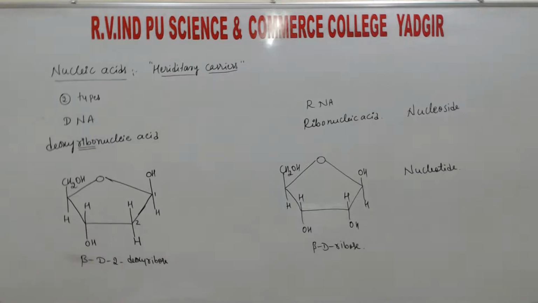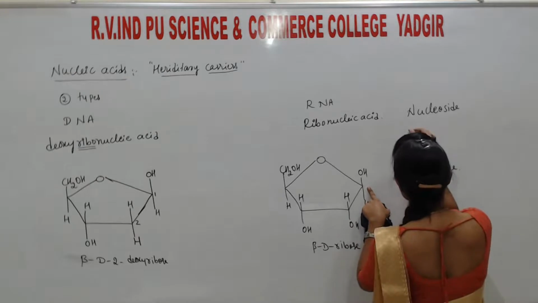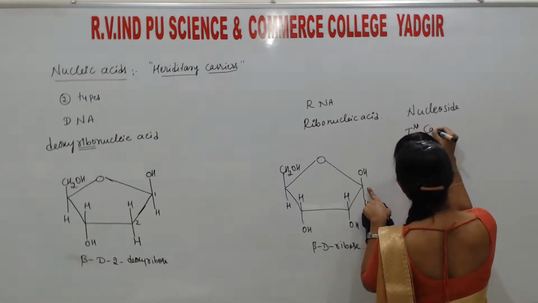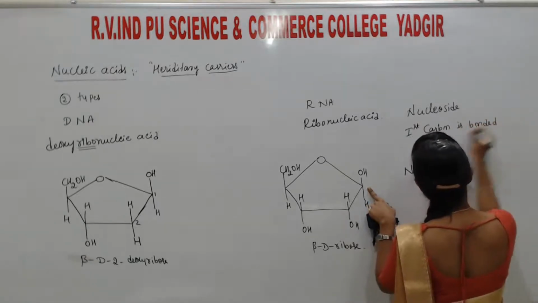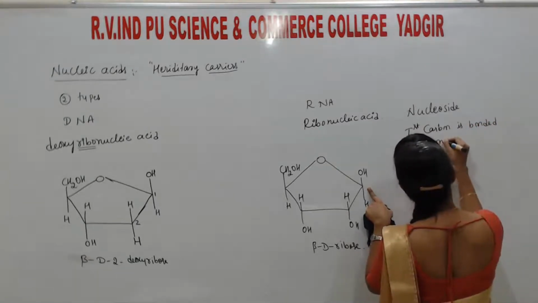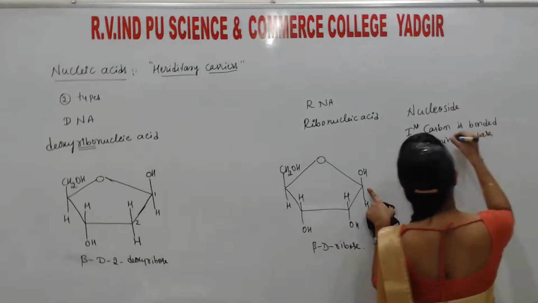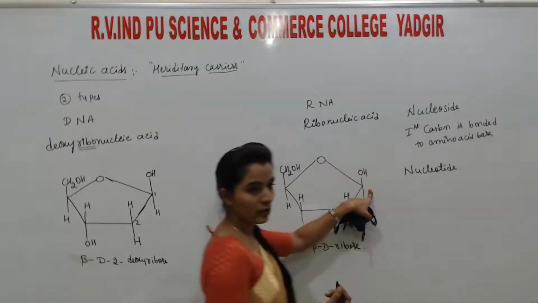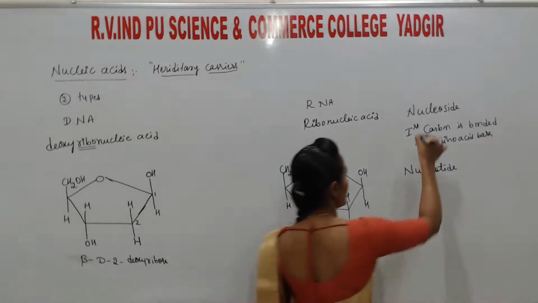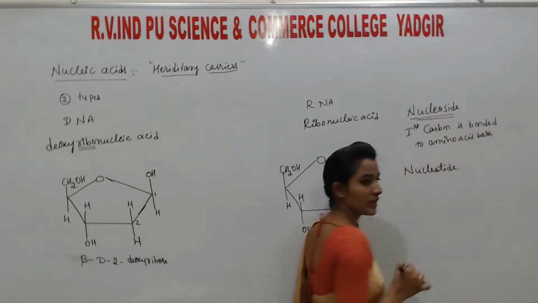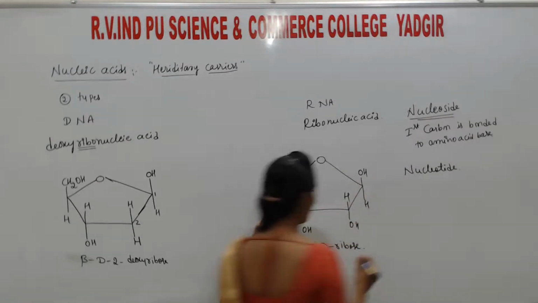So what does nucleoside mean? This is the first carbon atom. If the first carbon atom is bonded to a nitrogen base, then it is said to be a nucleoside. What does nucleotide mean? This carbon, which one is it?